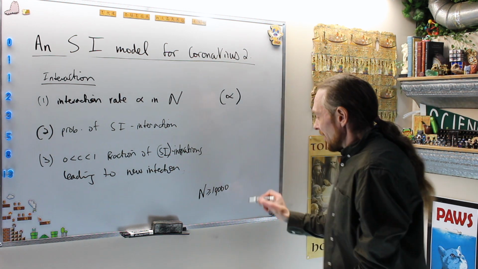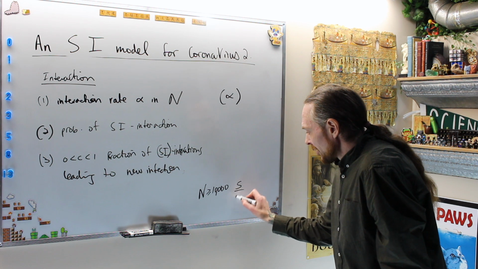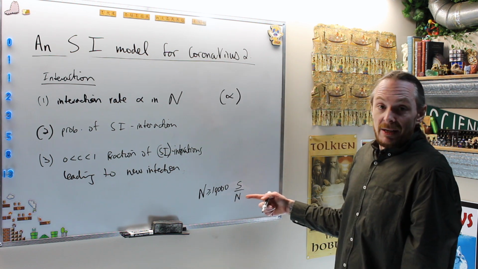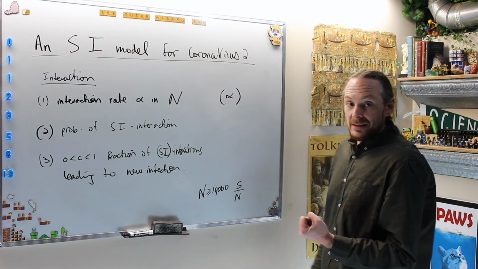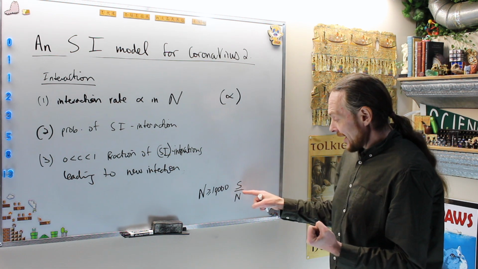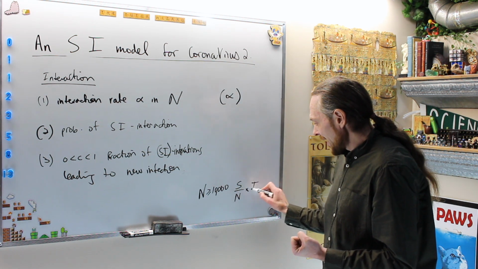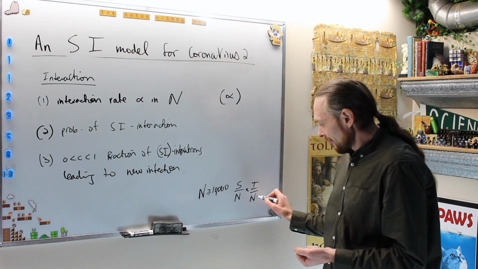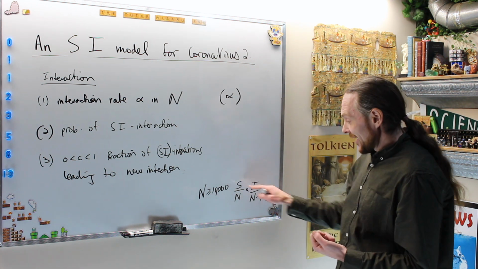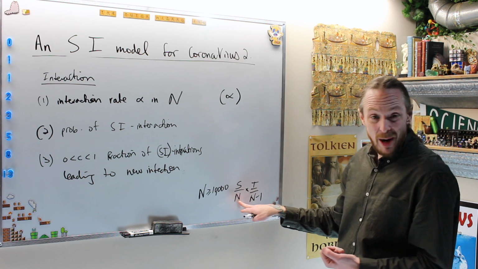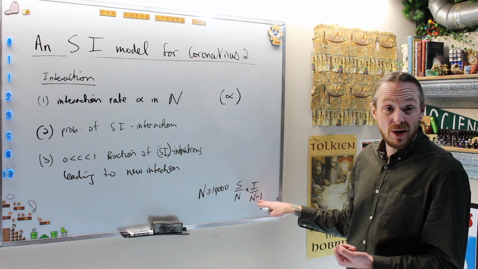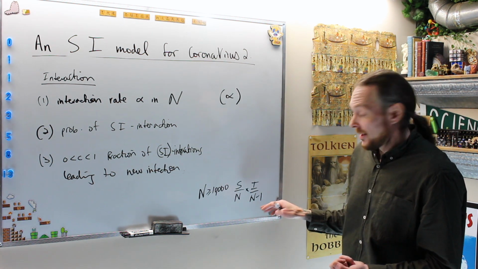When I remove one, the probability to pick an S in the interaction is going to be S over N. And then I'm going to multiply that by I over N minus 1, because when I remove one of the S's, I don't have a population N anymore. I have a population N minus 1 to choose the I from.